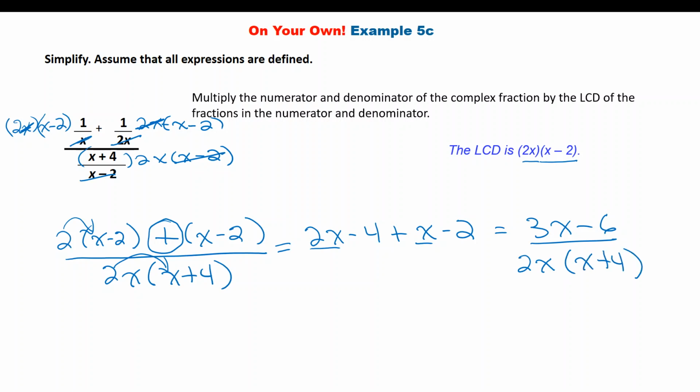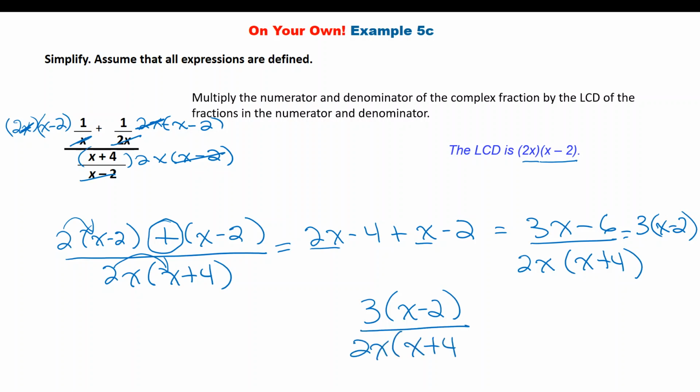All right, and I can factor out a 3 out of here. That leaves me with x minus 2. So my final answer is going to be 3 times x minus 2 over 2x times x plus 4. And that is your final answer.